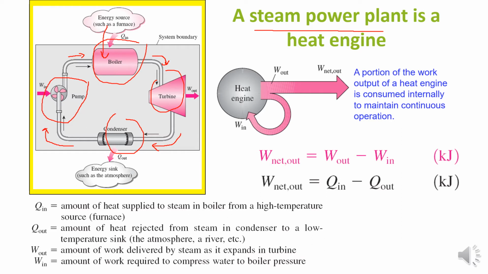So a portion of the work output of the heat engine is consumed internally to maintain continuous operation. So there is work produced by the turbine, and other than the work used in the turbine, heat will also be released by the condenser to a reservoir or energy sink.